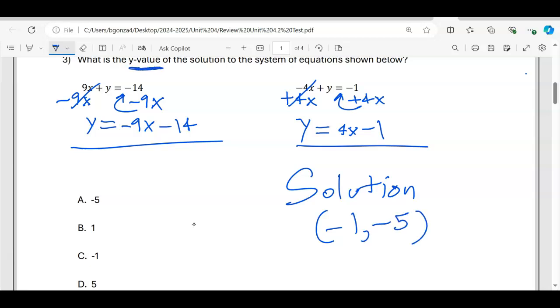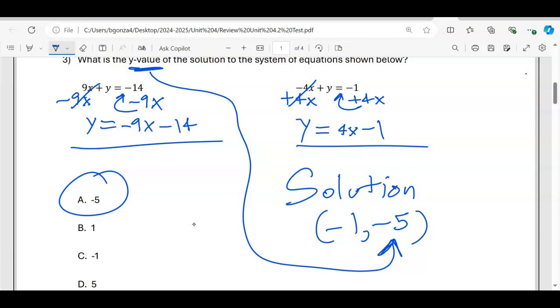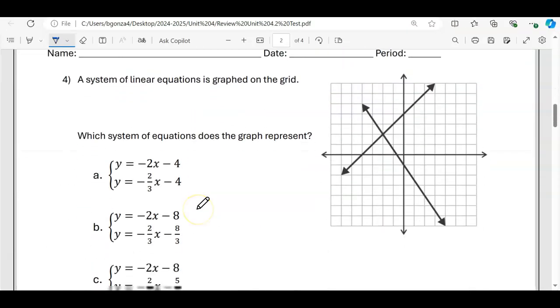And then what's the y value? Now the y value is going to be the second number there, so negative 5. Not negative 1, not positive 5. That's our solution set, and we got a specific value.